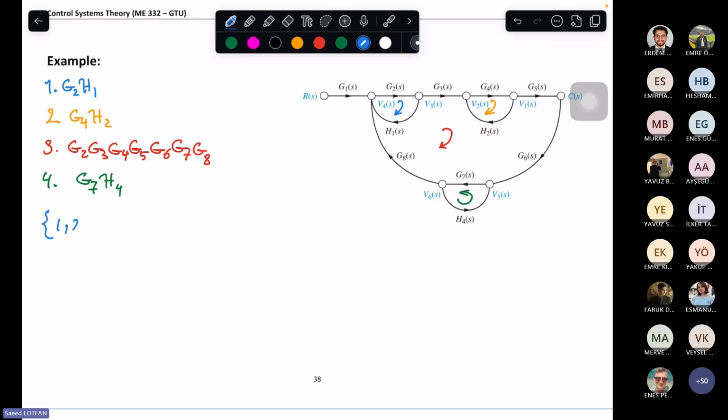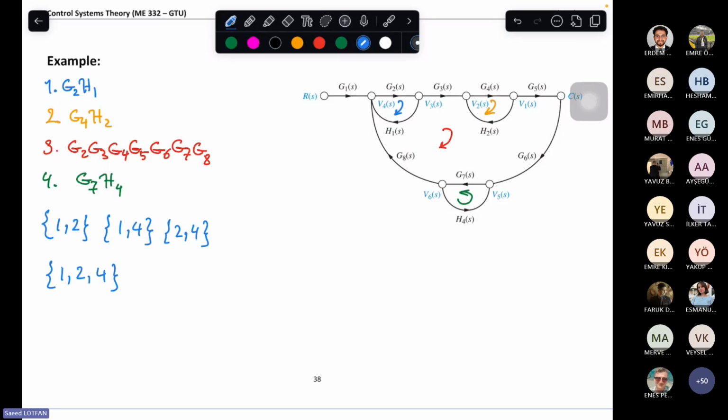Now I have to see what are non-touching. 1 and 2 are non-touching. Then 1 and 4 are non-touching. And then 2 and 4 are non-touching. And also I have 1, 2, and 4 non-touching.